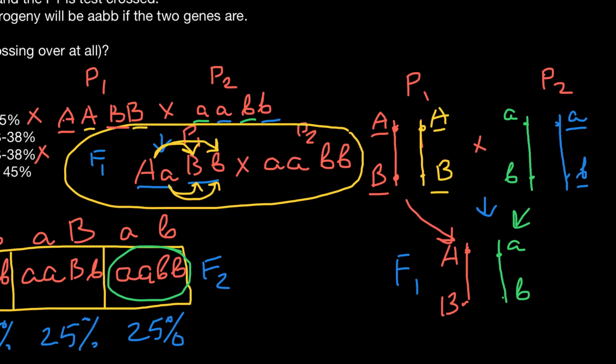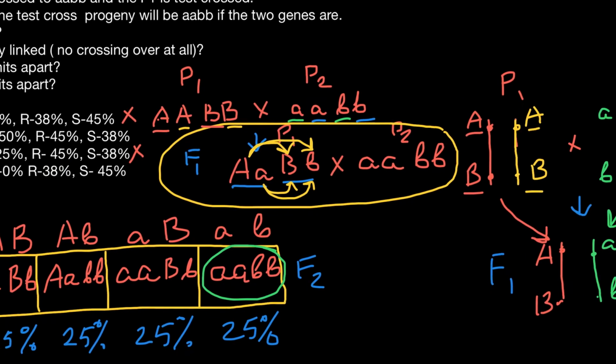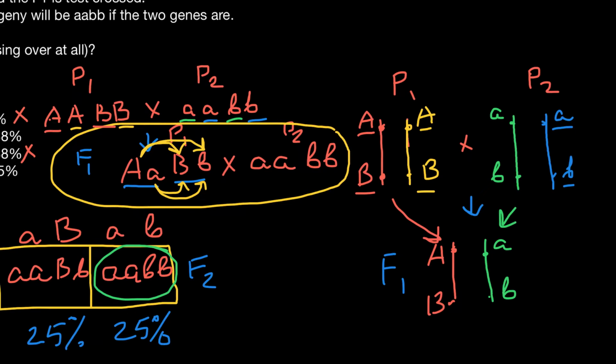So again, F1 generation is here. Do you remember? Dominant allele A, recessive allele A, and dominant allele B, and recessive allele B. So this is the genotype of the F1 generation.